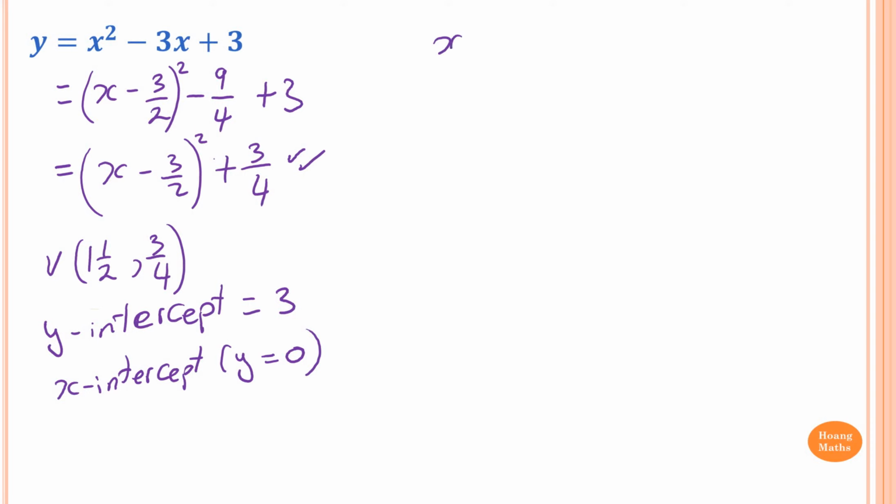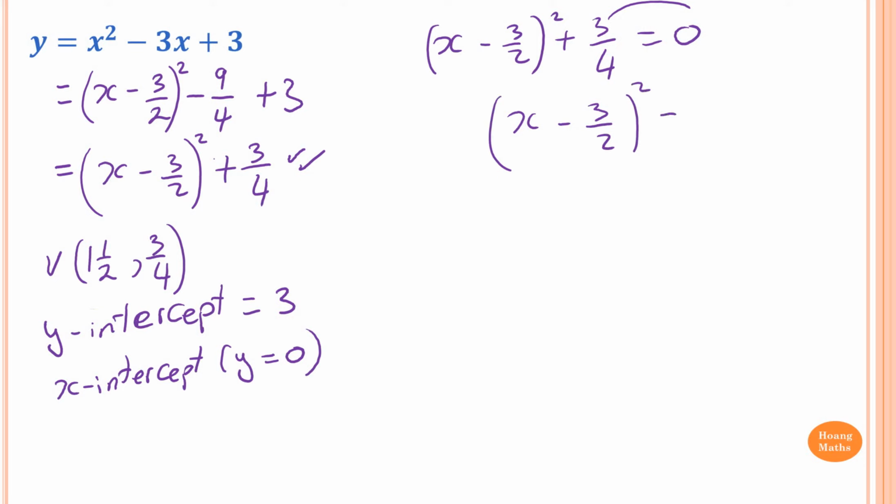So therefore x minus 3 over 2 all squared plus 3/4 is equal to 0. So I move this to this side, which is x minus 3 over 2 all squared is equal to negative 3 over 4. Now I square root both sides.